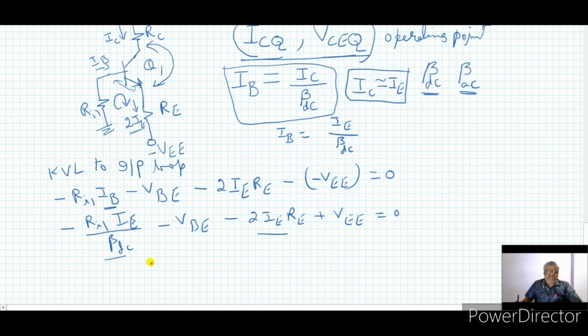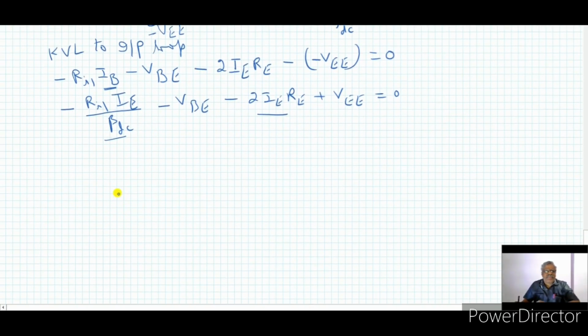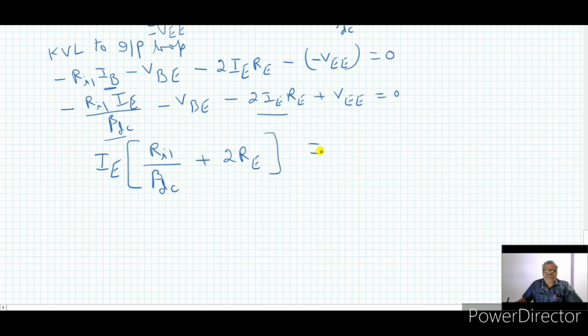So we can write the simplified expression as IE into RI1 by beta DC plus 2 RE is equal to VEE minus VBE. After rearranging the terms and taking IE common, we get this simplified expression.